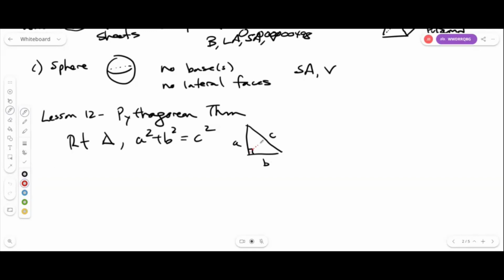We learned that the side across from the right angle is always the hypotenuse. We also learned that it is always the longest side.